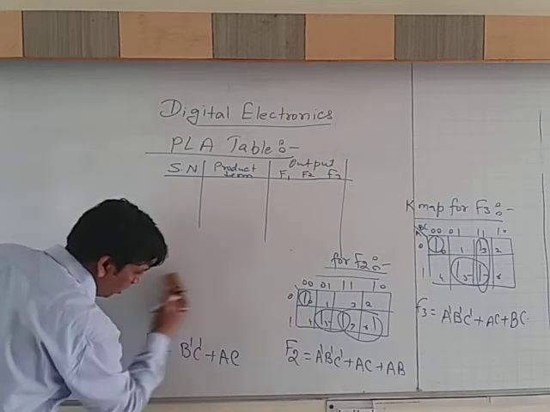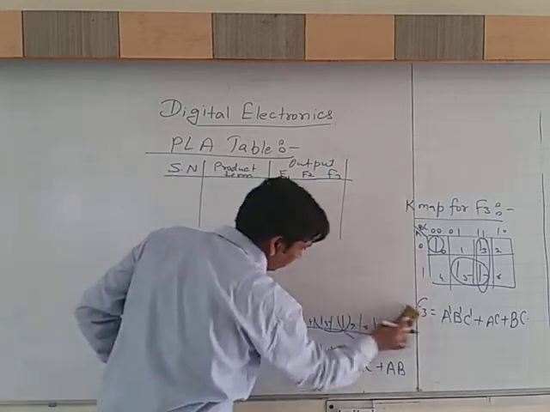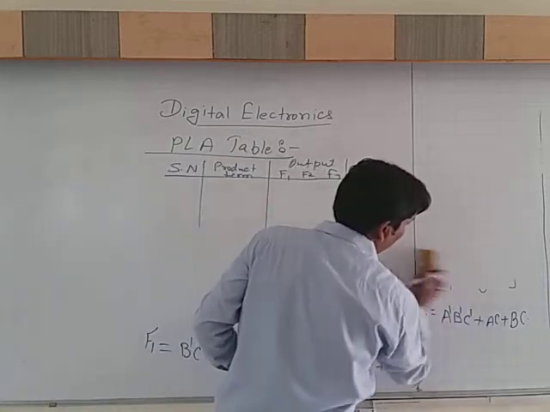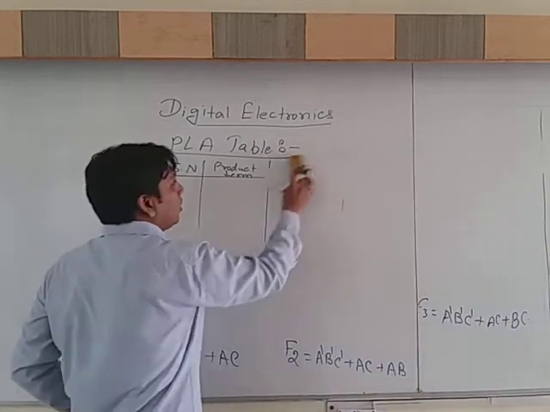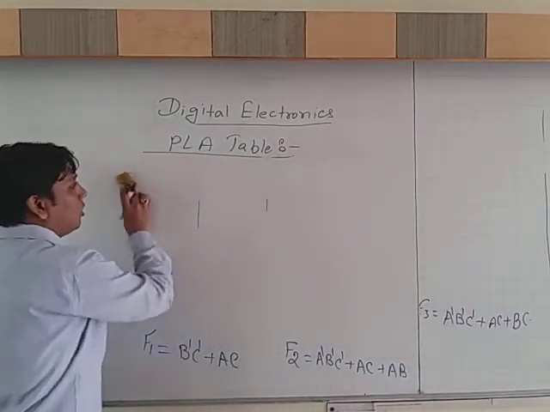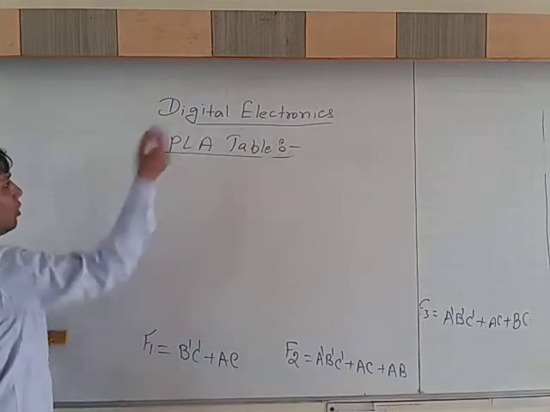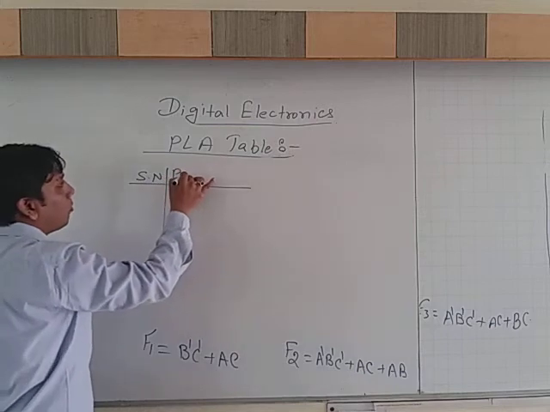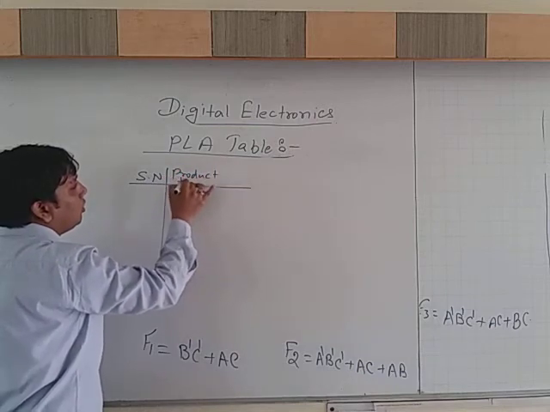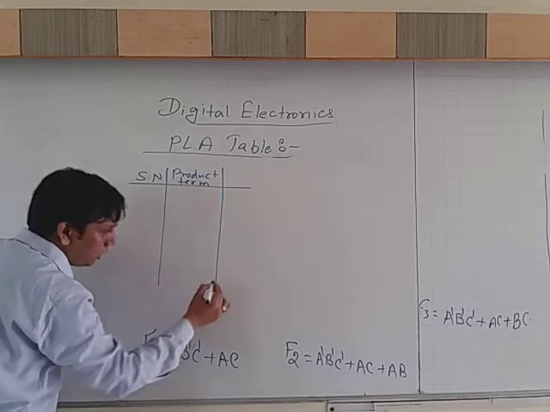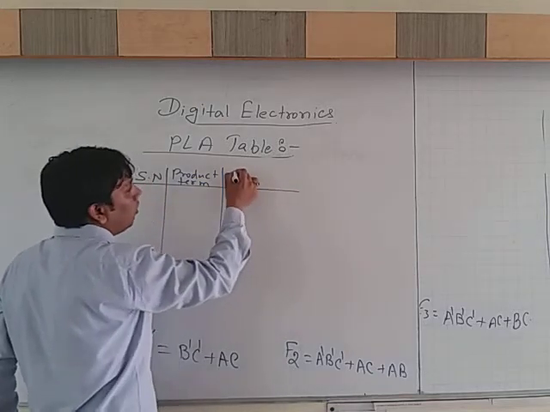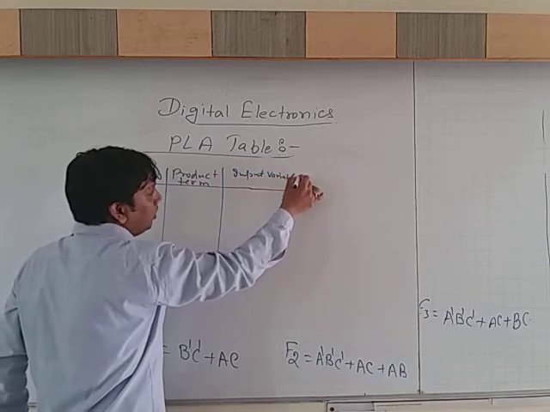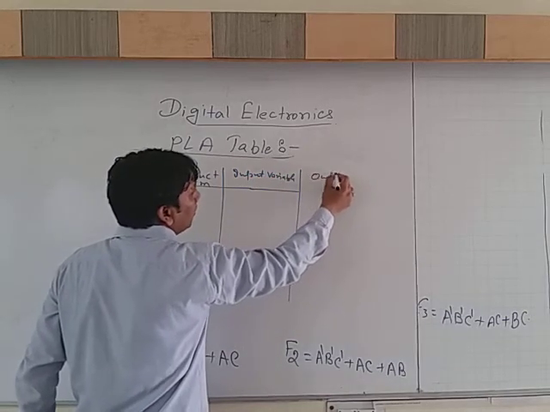There is the serial number, the product term, one column for the input values, and then the output.